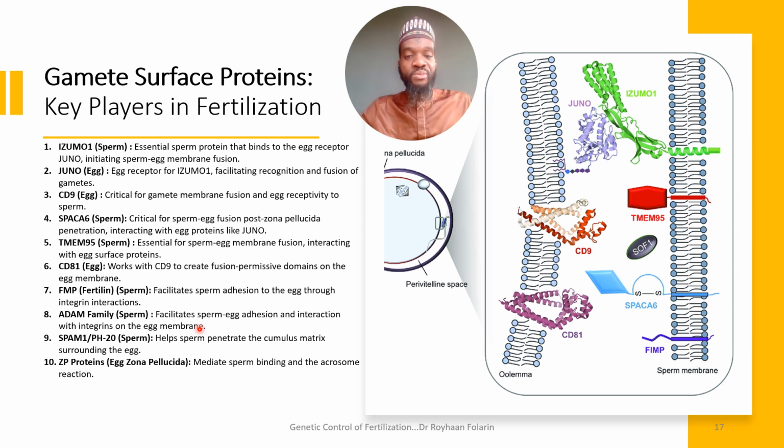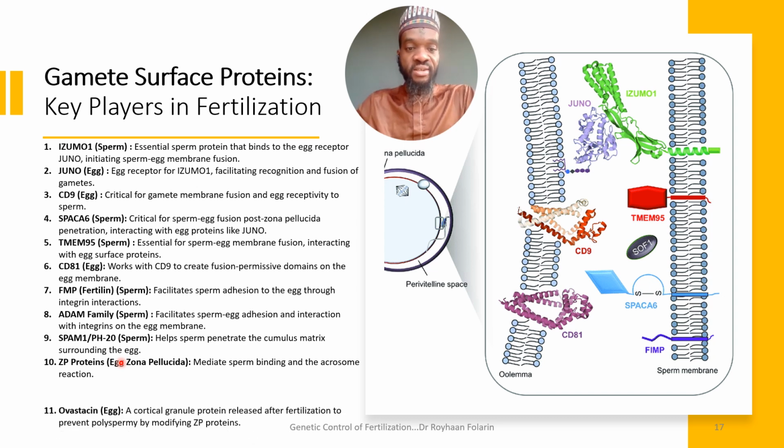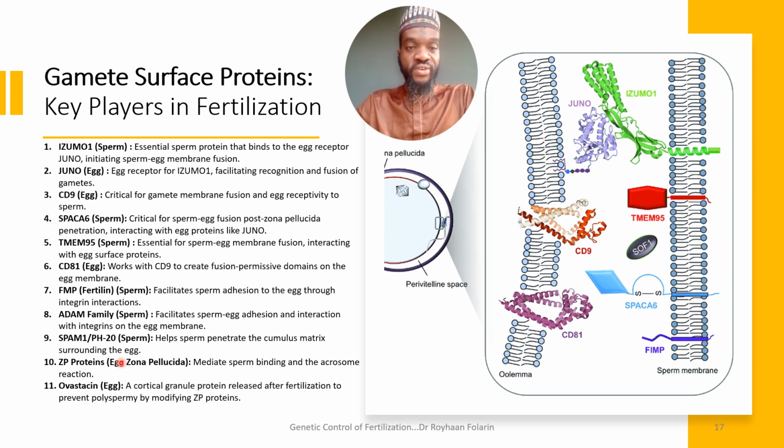So the zona pellucida proteins, ZP1, ZP2, ZP3, we are familiar with all. There's also ZP4. All of them are glycoproteins that form the extracellular matrix that surrounds the egg. There's also ovastacin. Ovastacin, ova is derived from meaning egg, and astacin is a type of metalloprotease.